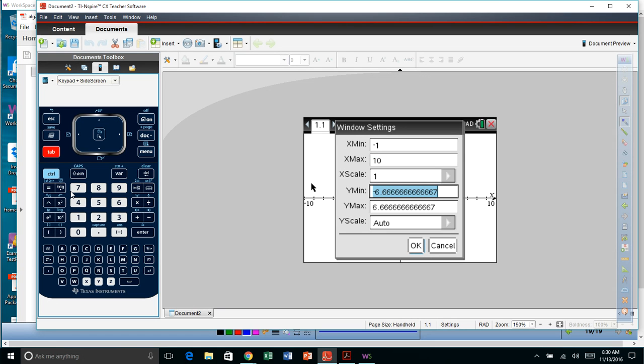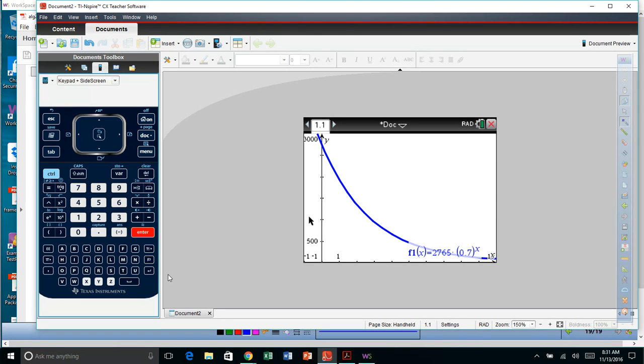For the y scale, we know it's going to bottom out at 0, so we'll put -1 there. And the maximum value was 2,765, so let's put 3,000, and maybe a y scale of 500. There we go. Now we can see it.